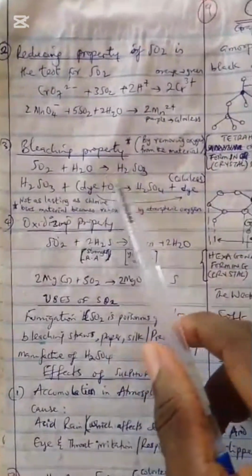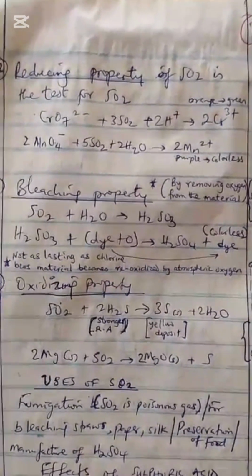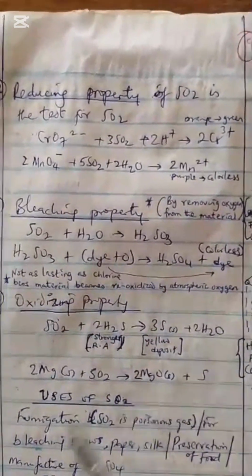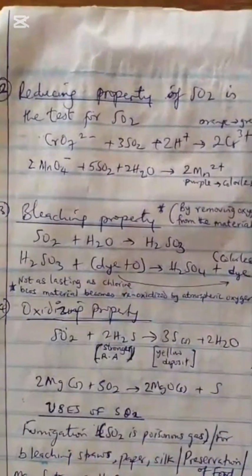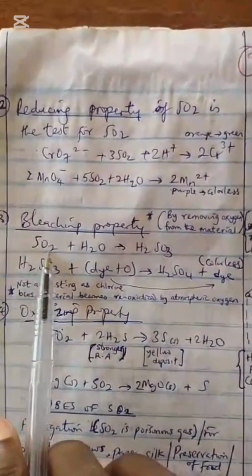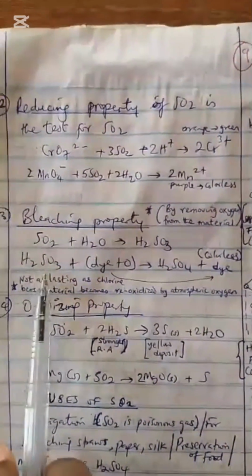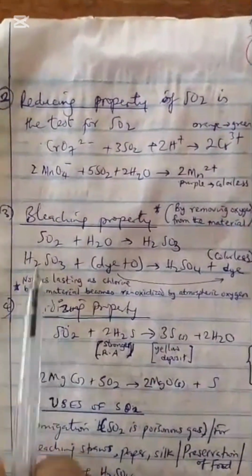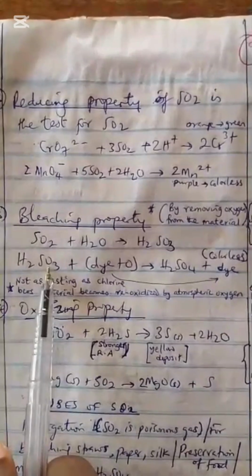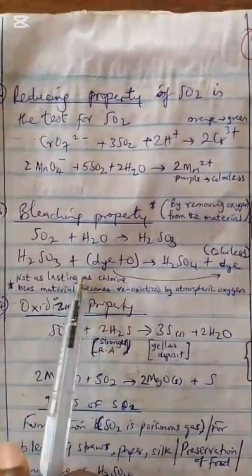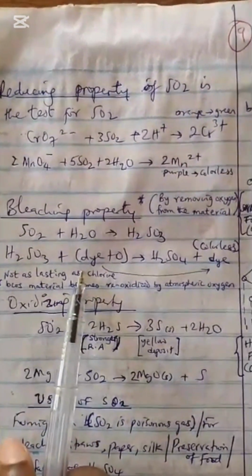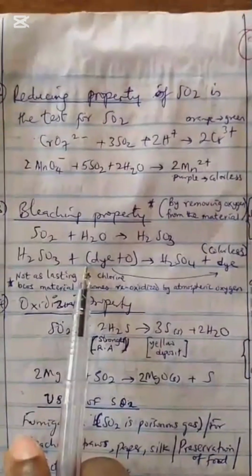What happens here is that the sulfur oxide dissolves in water to form this acidic substance, which removes oxygen from the material.